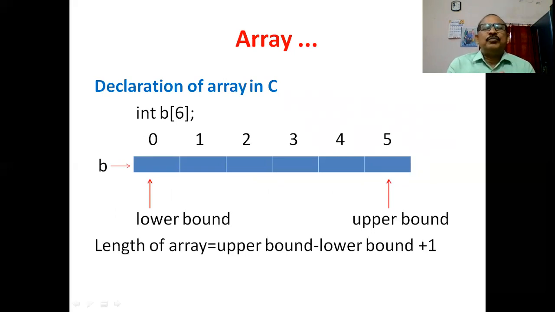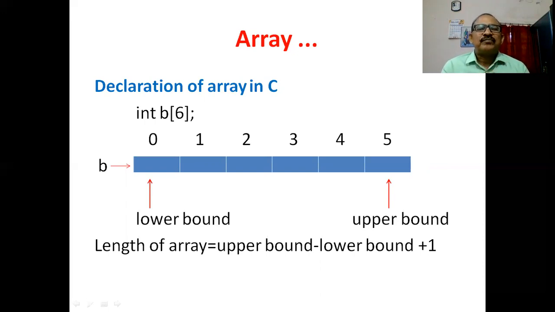Let us take a specific example. Here we are going to define array B, which stores integer type values. First, we write the name of the data type of the items, so int is the data type, followed by one blank space, followed by the name of the array, B, and next is the size of the array. Here you can see the 6.